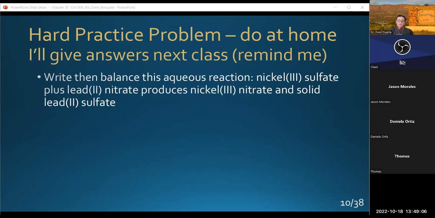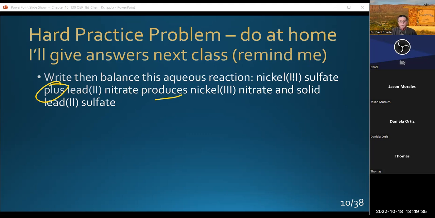Nickel 3 sulfate plus, that's our plus symbol, lead 2 nitrate produce, that's our arrow, nickel 3 nitrate and solid lead 2 sulfate, okay? So let's first write this reaction in the form of ions so we can put them together properly.